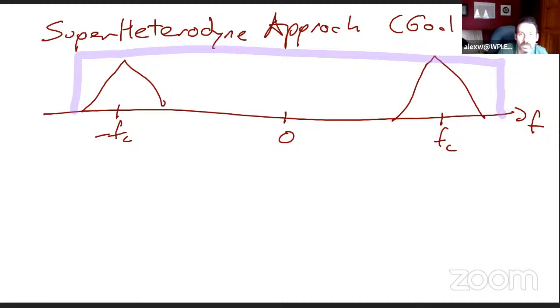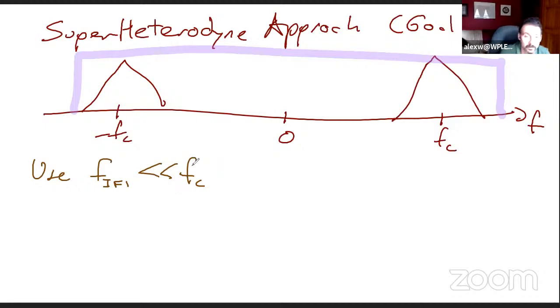I have a good acronym. See, this is what happens when you're thinking on the fly. So use FIF1, intermediate frequency 1. And this is much less than FC. Okay. Absolute value of FC.